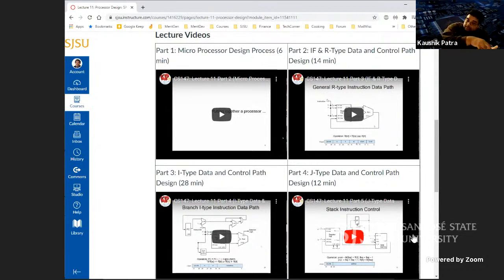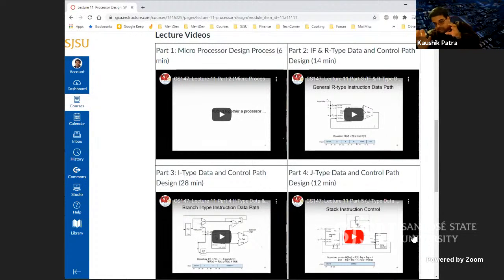One is the data path, through which data or information is crunched, processed, manipulated. And the other part is the control path. This control path is more about how you control the data path elements throughout this data crunching process.